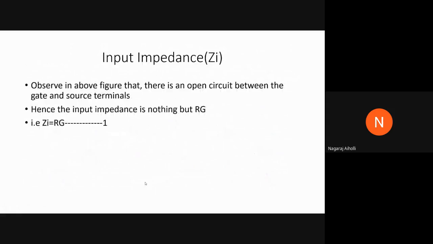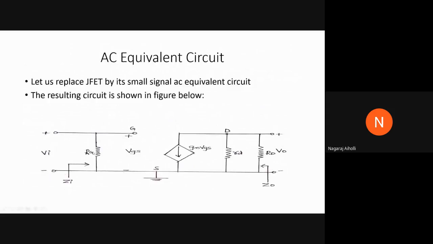Let's find the input impedance here. We see in this circuit we have an open circuit between source and gate. Hence, if you look from the input terminals Vi, the input impedance is nothing but RG. Yes or no, students?